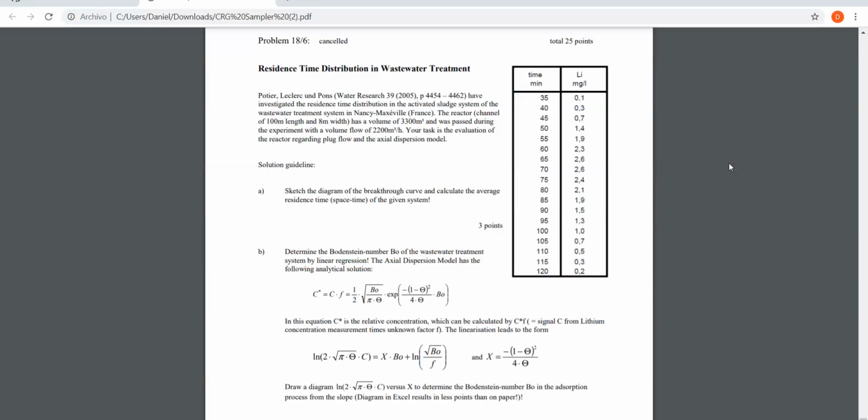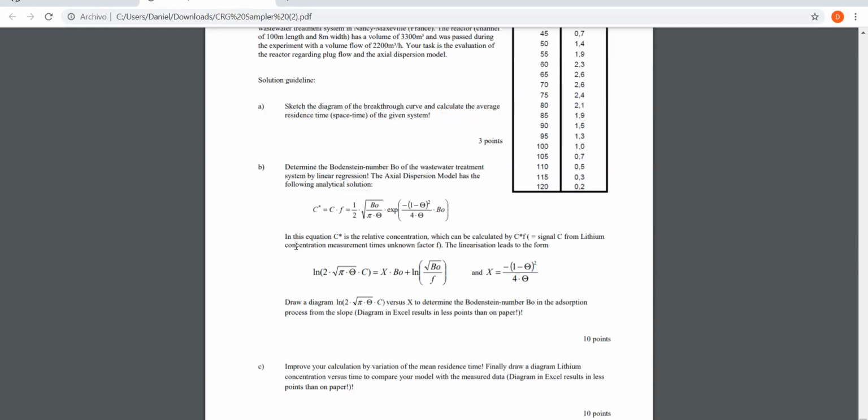Determine the Bodenstein number Bo of the wastewater treatment system by linear regression. The axial dispersion model has the following analytical solution. In this equation, C star is the relative concentration, which can be calculated by C times F, equal to the signal C from the lithium concentration measurement times an unknown factor F. The linearization leads to this form, which is just the same equation manipulated with natural logarithms.